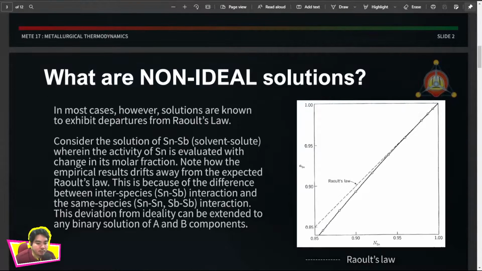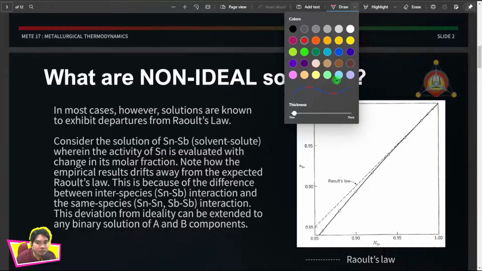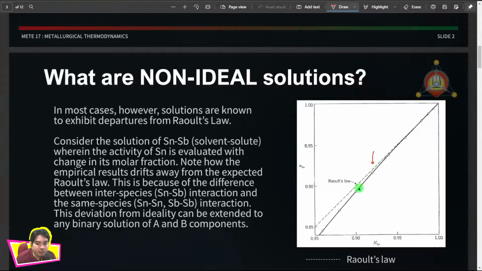We've noted that for ideal conditions, nagpo-follow siya ng linear trend when it comes to activities versus its molar fraction, and that is what we call Raoult's law. Pero when we now proceed to non-ideal conditions, meron siyang konting deviation. Itong line na to na nasa taas, yun yung Raoult's law.